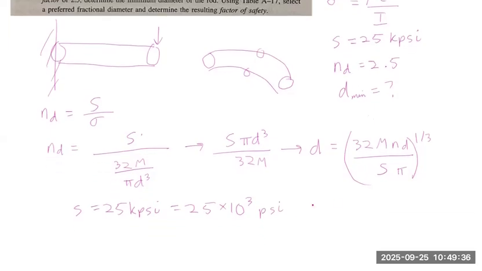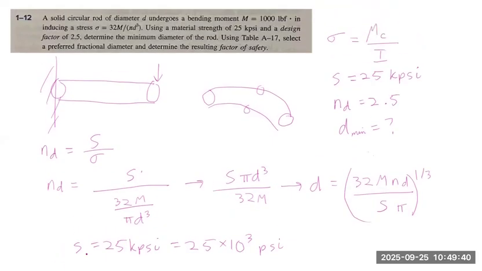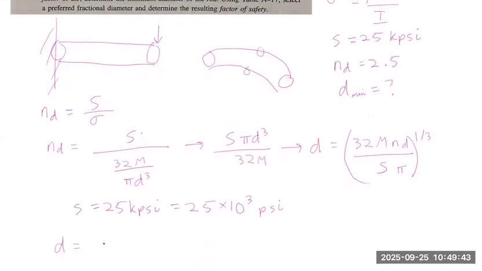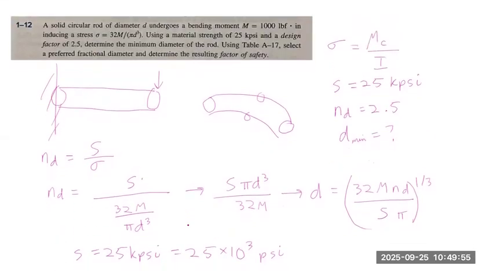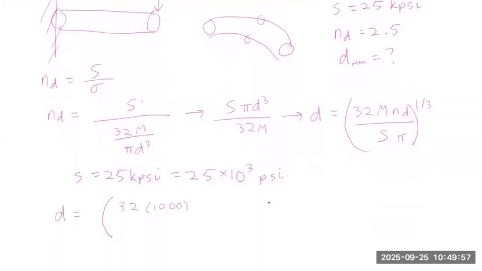So plugging this value for S, we get that d is equal to 32 times the moment of 1,000 pound inch, and a design factor of 2.5, so nd equals 2.5, over 25 times 10 to the 3 times pi, all to the 1/3.